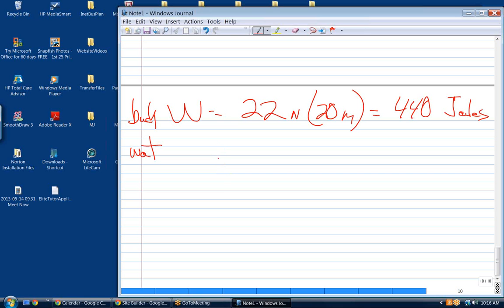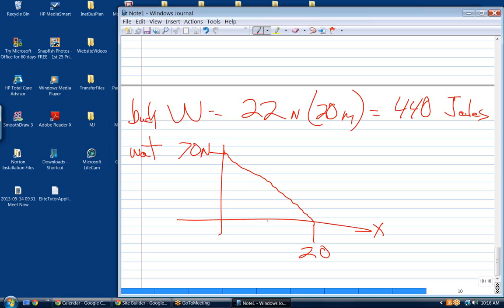So if you were to plot the weight of the water versus the distance, that being 20 meters, this being 70 newtons, it's a linear curve downward, which makes the calculus easier. We don't have a variable rate of leakage. We have a constant rate of leakage.